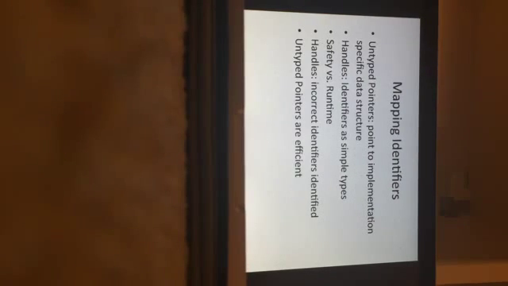So we have two ways of mapping identifiers to the data structures that store per-client state. We have untyped pointers and handles. Untyped pointers are identifiers that the server object initializes to point to an implementation-specific data structure and casts to the appropriate type on each such invocation.